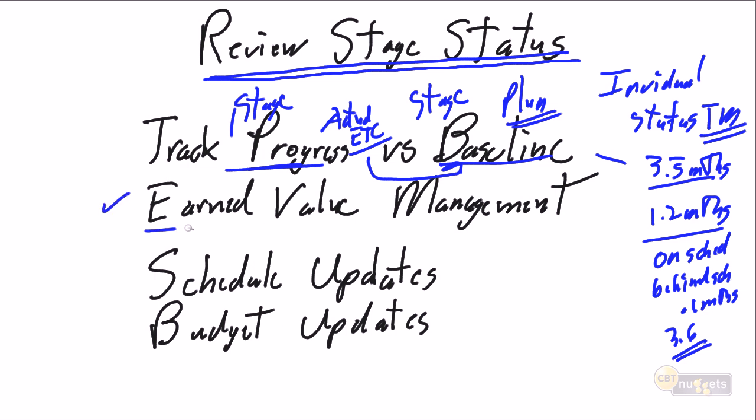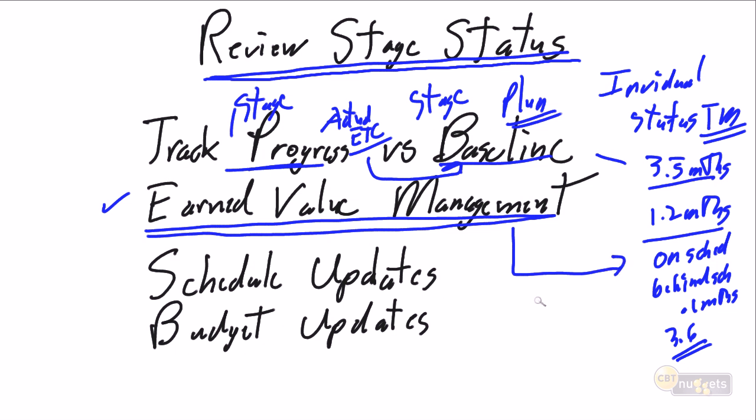Now, PRINCE2 recognizes this principle called earned value management. It doesn't spend a lot of time calling out exactly what earned value management is. Earned value management is a very, very effective tool to take your actuals, compare them to the plan, and come up with a revised estimate for our project.